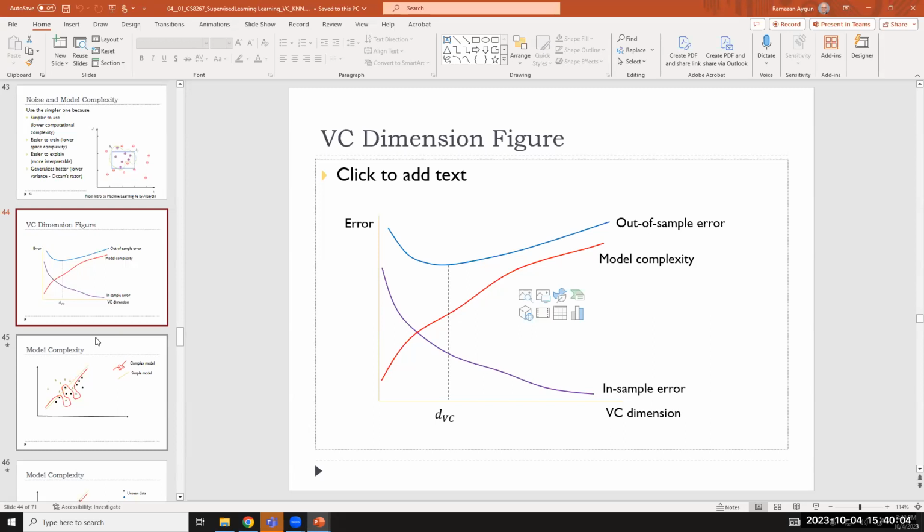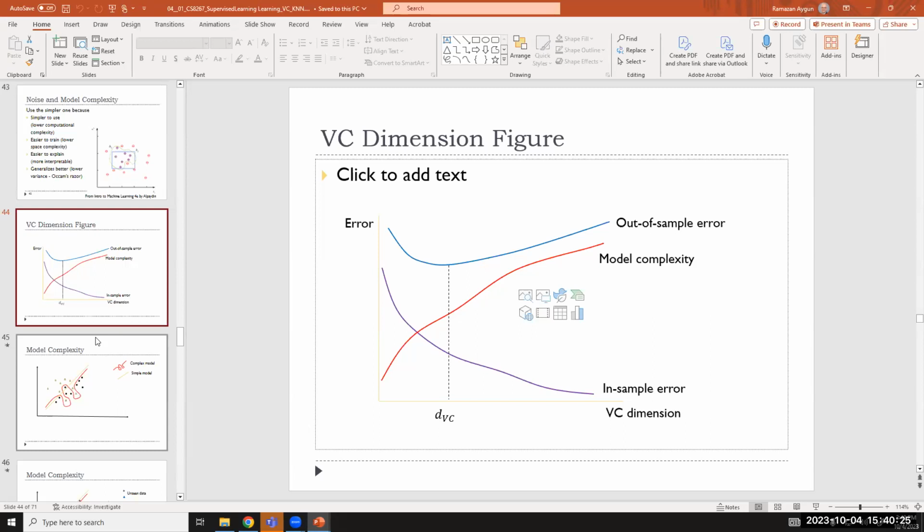As the VC dimension increases, you see that the training error goes down. You get better training results, but the error on the test data initially goes down and then goes up. At this point, the model that appears at this position is a better model for our analysis.